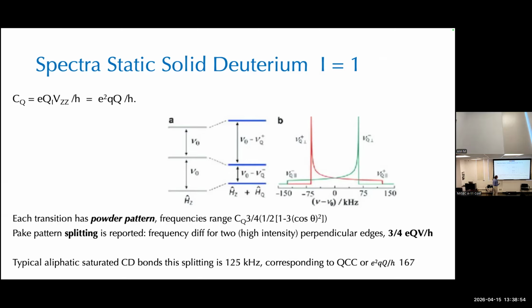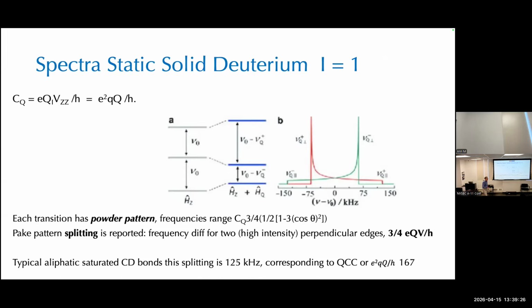They range from 3/4 to -3/4, like the P2 cosine. The pake pattern splitting is reported, that means from this so-called horn to the other horn. We report that in the literature, or sometimes convert it over to a CQ. Those are the two kinds of things you see in blue. And that splitting will turn out to be 3/4 of e²qQ over h.